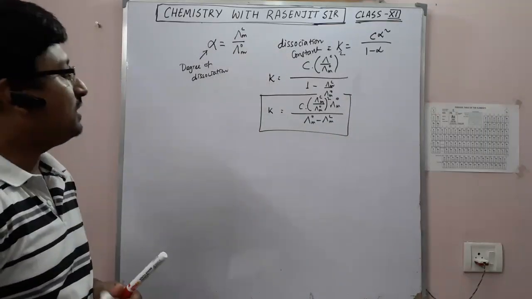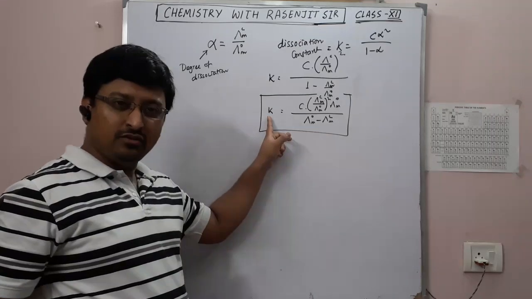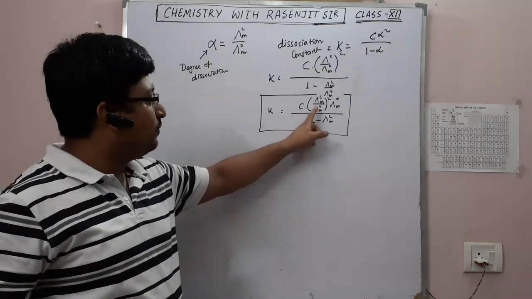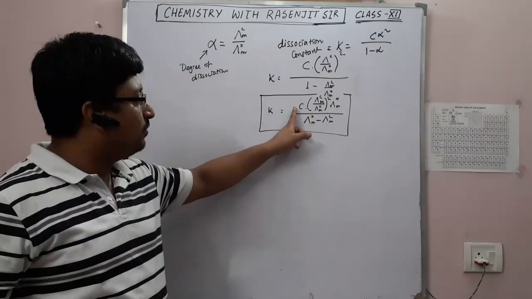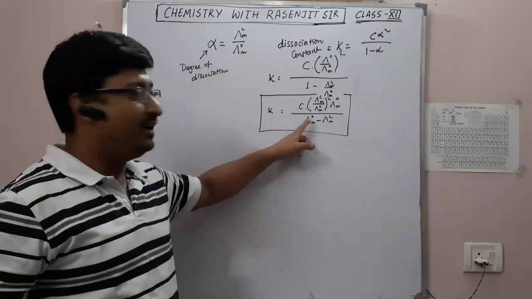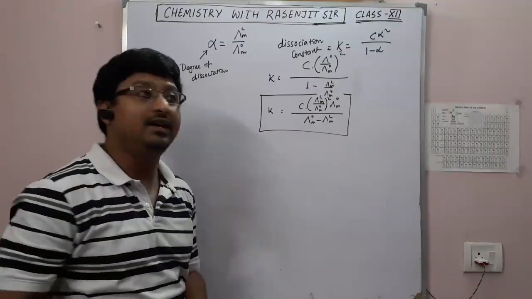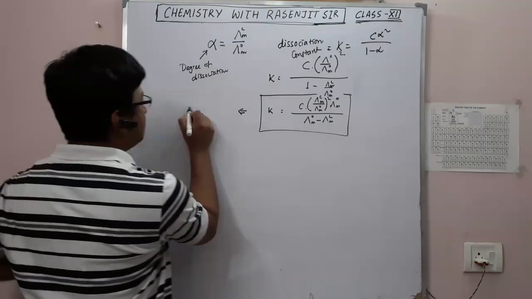So by this equation, if you know the dissociation constant, the lambda c value from the graph, and the c value, you will easily be able to calculate the lambda m0 for the weak electrolyte. This is the application of Kohlrausch law.